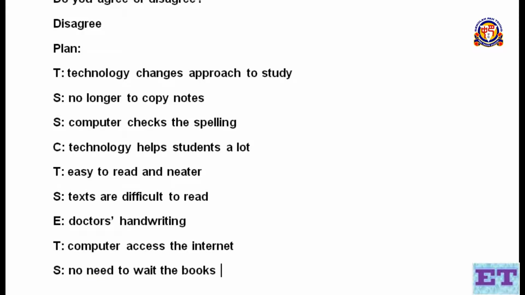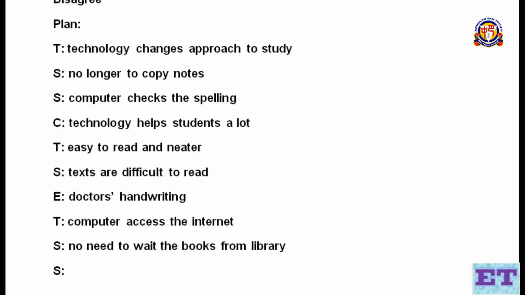Wait the book or the books from library. And then for another supporting sentence, by using computer, it can be used also, or we can access the internet for research. So access internet for research.